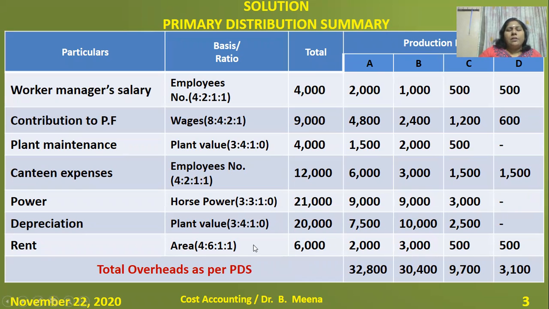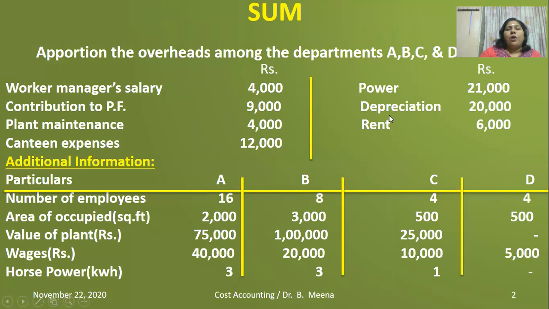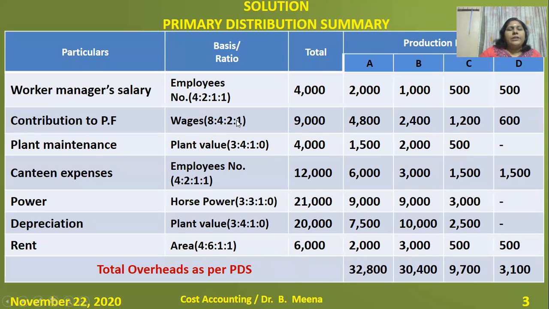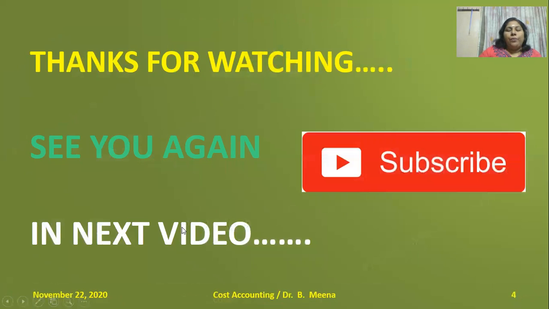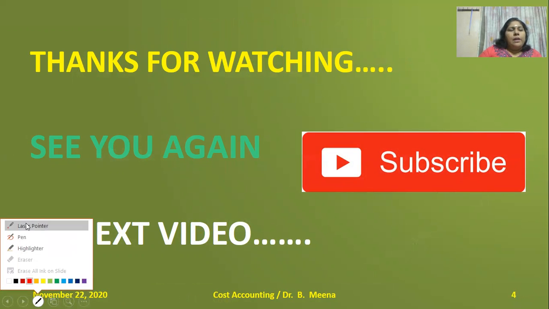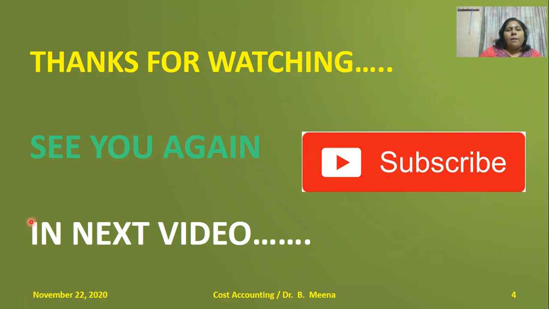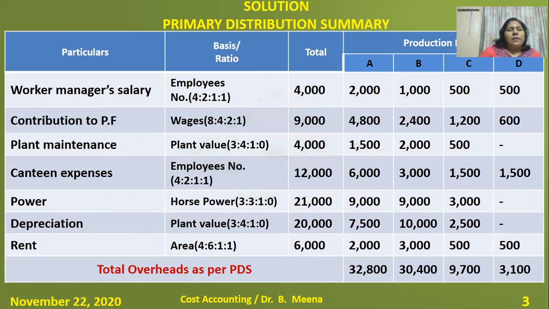Next, depreciation is the next item as per this problem. For depreciation also I can take the basis as plant value. So I can take the amount 20,000 into 3 by 8, 4 by 8, 1 by 8, and I will get these values. Then the last expense is rent.